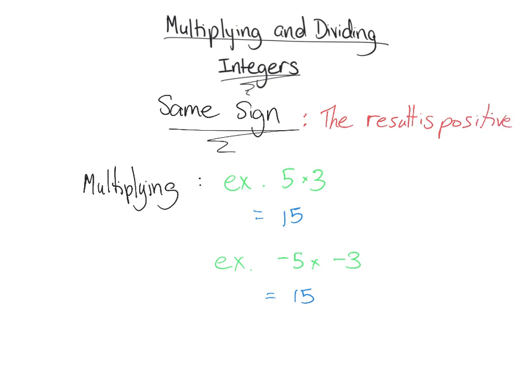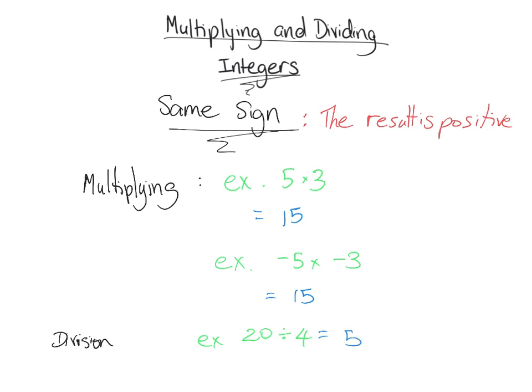So does that change for division? Absolutely not. If you have the same sign, you're always going to get a positive result. For example, if we have 20 divided by 4, the answer, as you probably know, is 5.